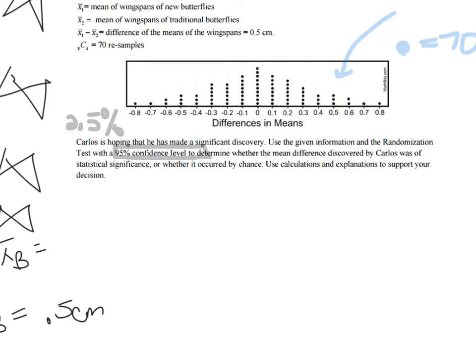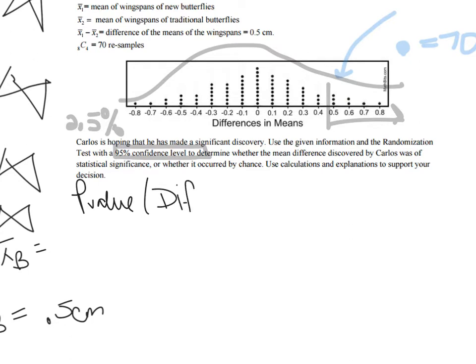Whenever we're going to analyze his difference of 0.5 centimeters, since it's on the left side of our bell, if you guys can see your bell curve, this is approximately symmetric. Whenever you're on the left side, you are going to find a p-value. Your p-value is always going to be the differences greater than that value, so greater than or equal to 0.5 centimeters, okay?